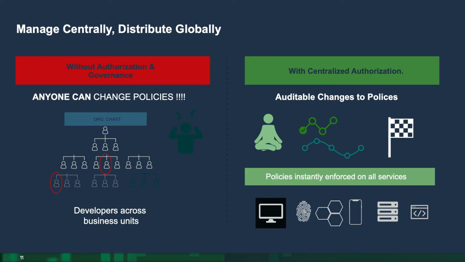Maybe they push it into syslog and it goes out to the SIEM. Now your SIEM becomes a honeypot, right? Or maybe they're pushing it into application logs or storing it somewhere locally, but that data gets propagated almost exponentially if you don't control that data lineage. With centralized authorization, what do you find? Well, one, I know when my services spun up. Two, I know when those policies were applied to those services.